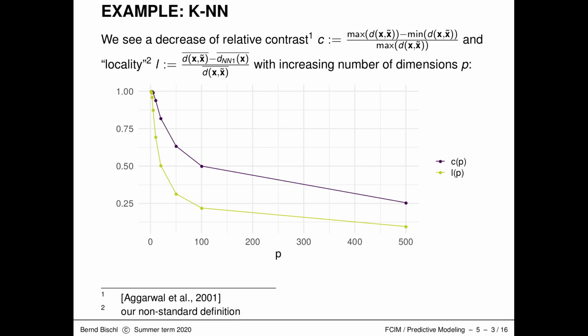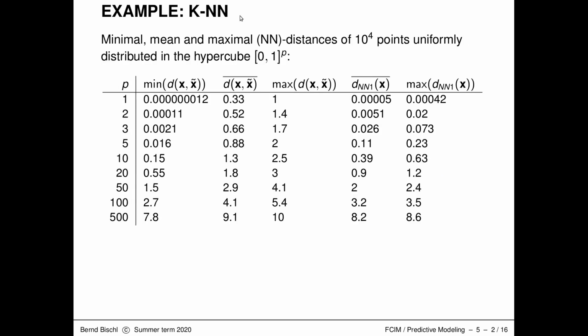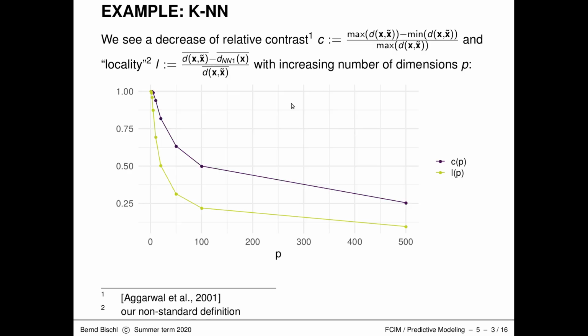The only thing I want to take from that paper is this definition of a local contrast, because it fits nicely with the simulation on the previous slide. They transform these statistics a little by computing the relative difference between the range of all pairwise distances and the maximum distance.